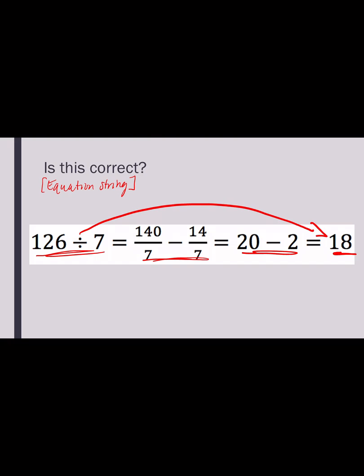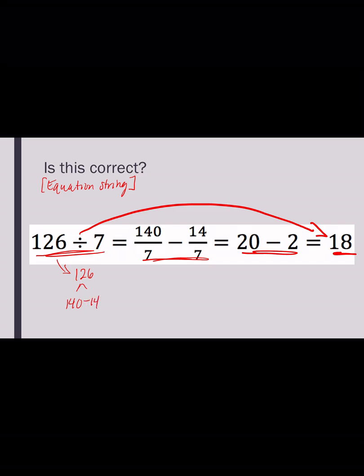Now in the intermediary steps that we have, we've set 126 divided by 7 equal to 140 over 7 minus 14 over 7. Okay, and is that true? Well, that's a big step. What they've done between the first two steps is that they've taken the 126 and broke it up into 140 subtract 14.